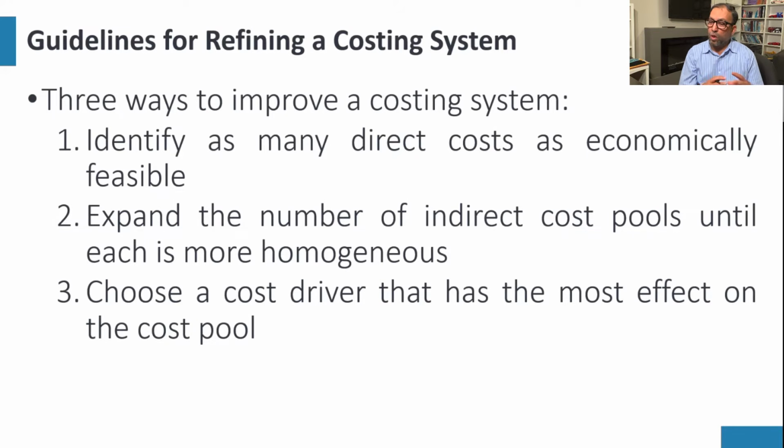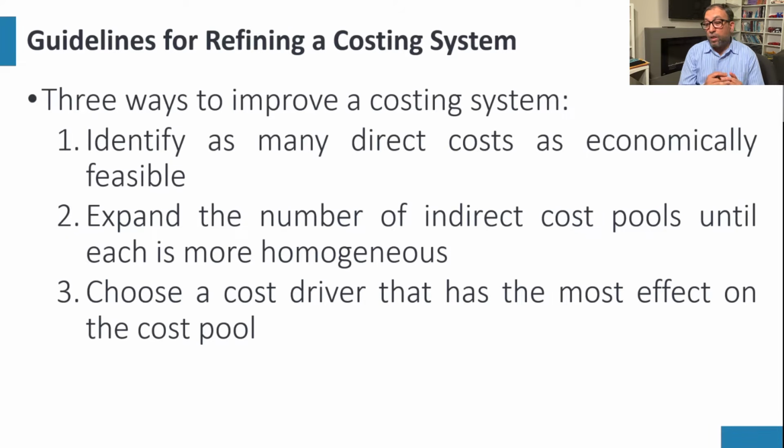So out of this pool of indirect costs, figure out the maximum possible that we can transfer as a direct cost. Some may go to the material, some may go to the labor, but we try to figure out how much we can identify. Only indirect costs are those costs which we cannot identify as a direct cost.